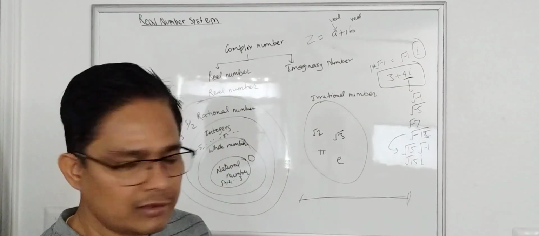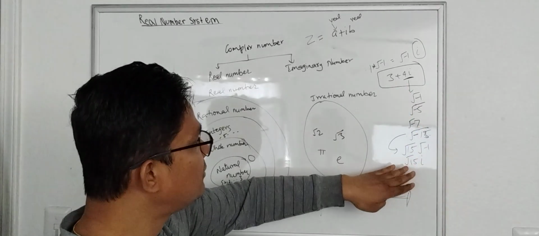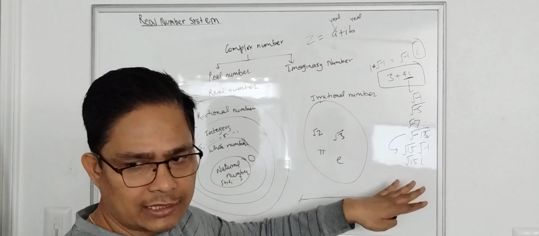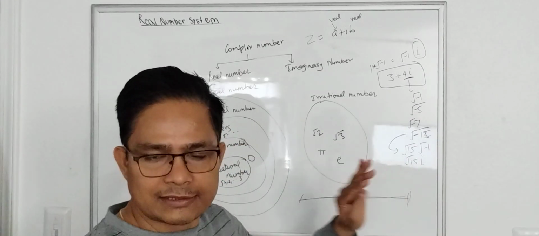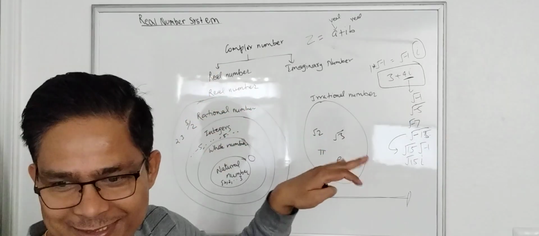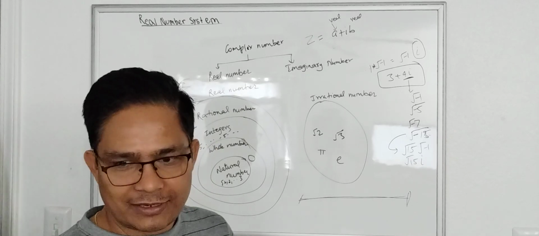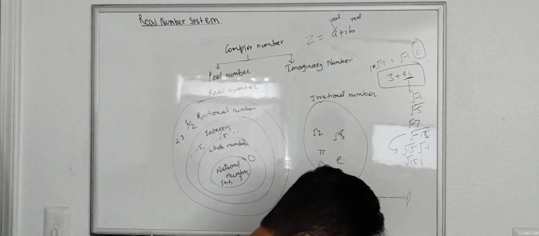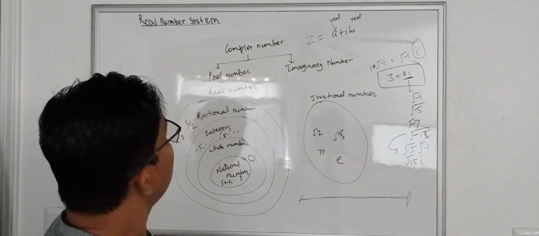We are not going into the details of imaginary numbers right now. As I told you, it's an 11th or 12th grade concept, so let's forget about that. Just remember that something is above the real number, which is called complex number, and it comprises both real part and imaginary part. Now let's move to the topic of the day, which is the real number system.